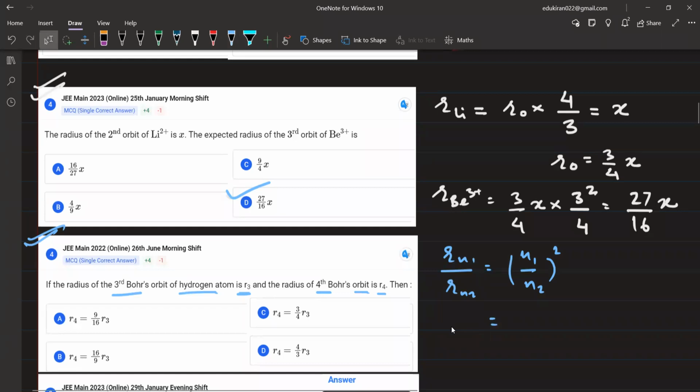R3 upon R4 will be 3 square, which is 9, upon 4 square, which is 16. So R4 will be equal to 16 upon 9 R3.